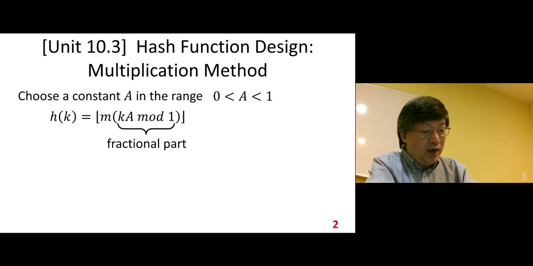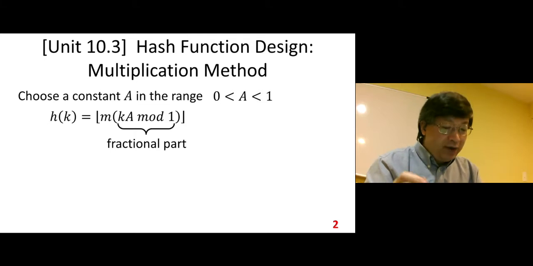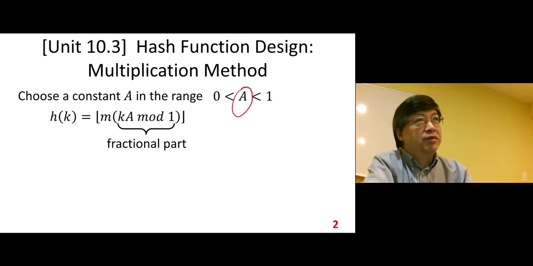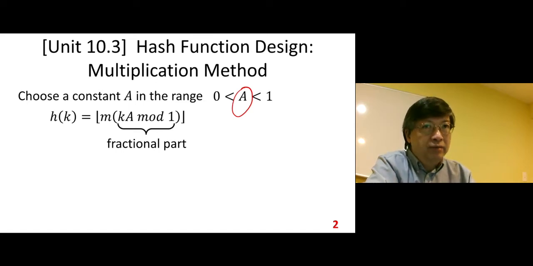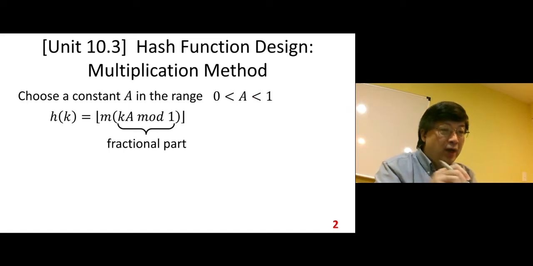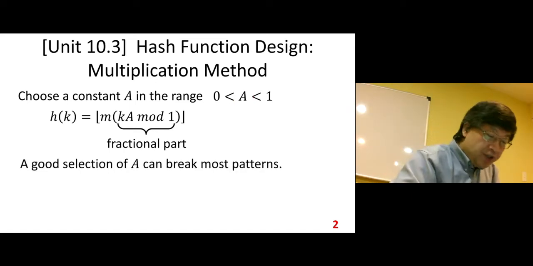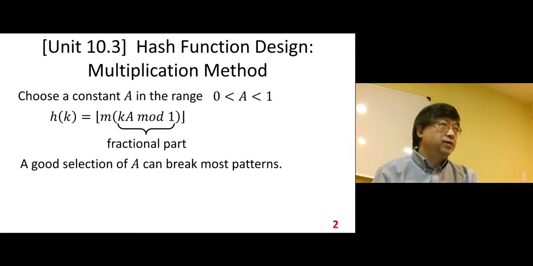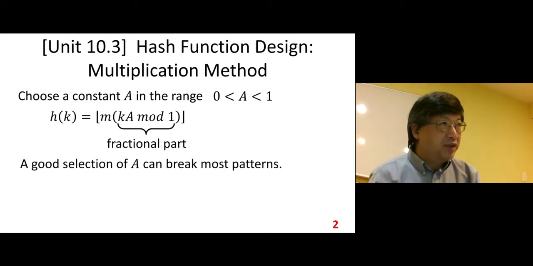Now, whether it is good or not depends on how to choose this constant A. If you choose a good one, then it works well. If you choose a bad one, it does not work well. A good selection of A can break most patterns. So what is a good selection?